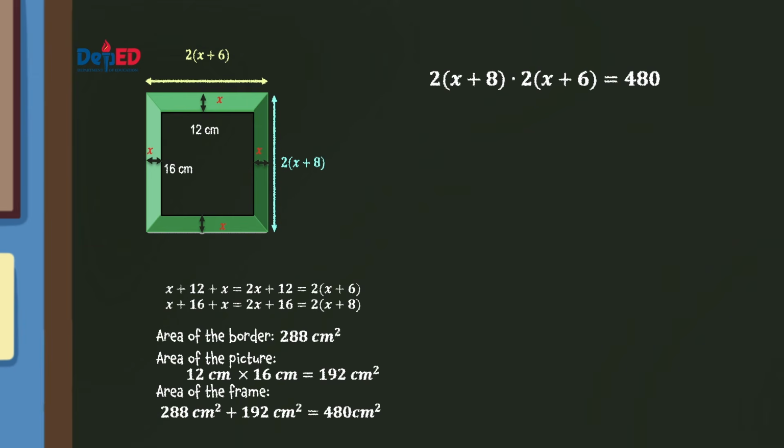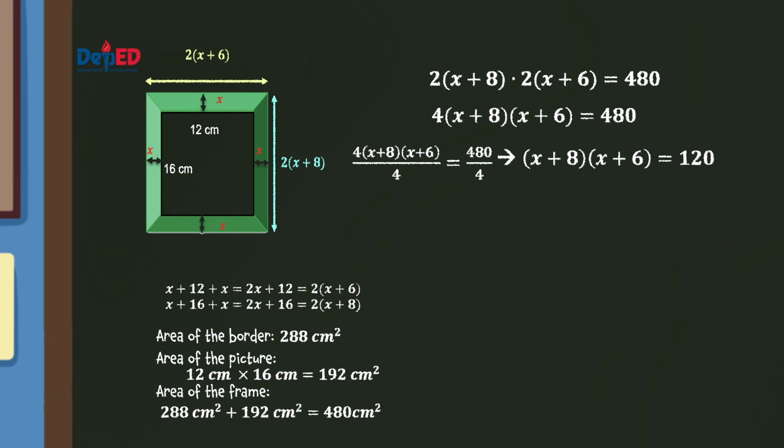This can be expressed as 4 times the product of the binomials x plus 8 and x plus 6, which is equal to 480. Now, if we divide both sides by 4, it will result in the equation x plus 8 times the binomial x plus 6 equals 120.